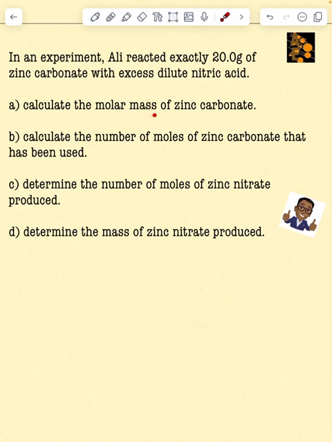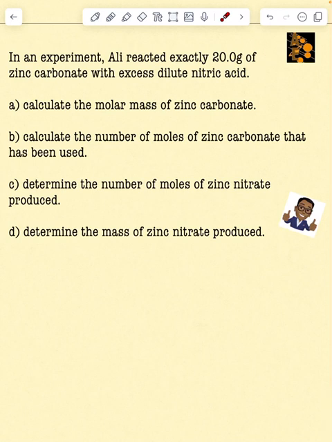And part B, calculate the number of moles of zinc carbonate that has been used, because they give you 20 gram of zinc carbonate, and from there we are required to find the number of moles of zinc carbonate used with respect to your 20 gram.